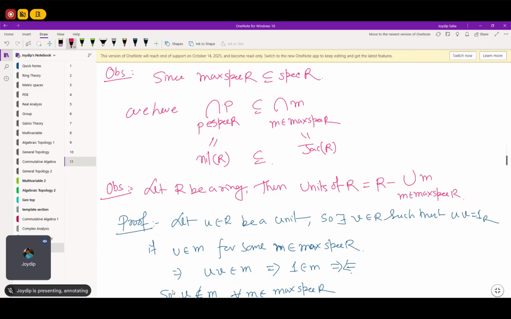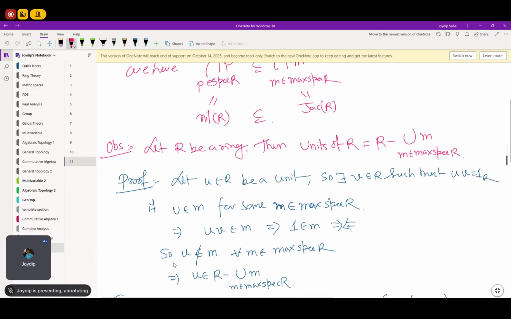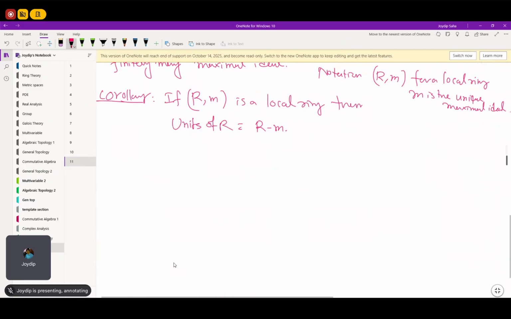Give me an example of a local ring. That means give me an example of a ring which has only one maximal ideal.